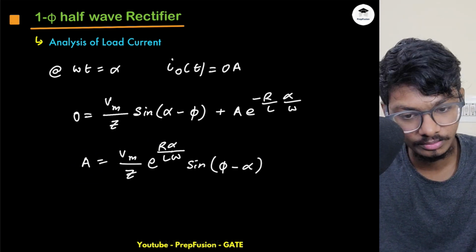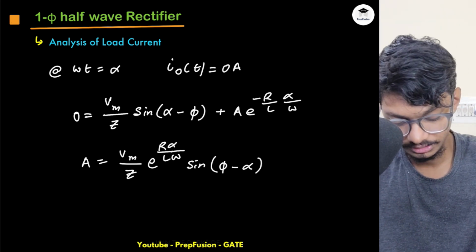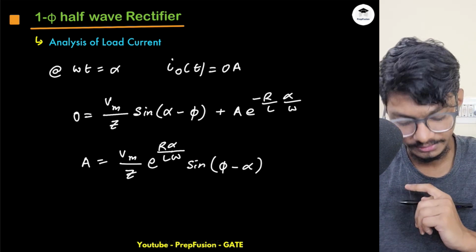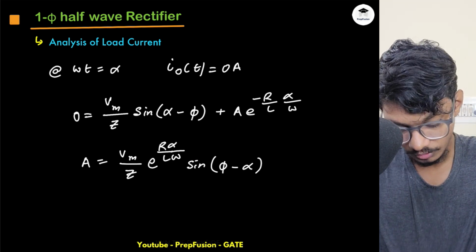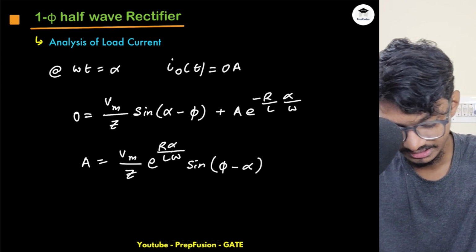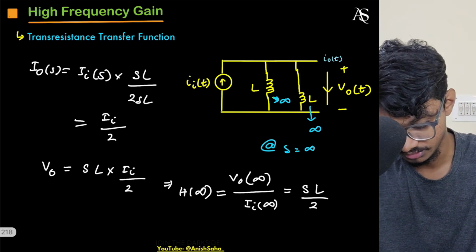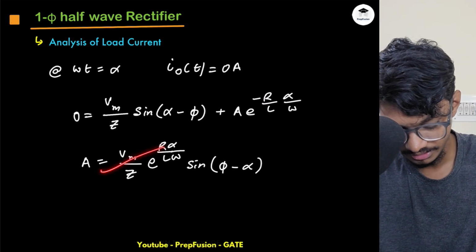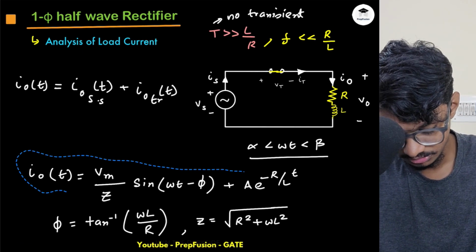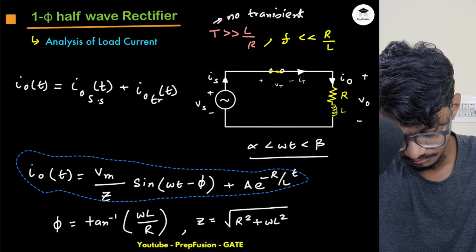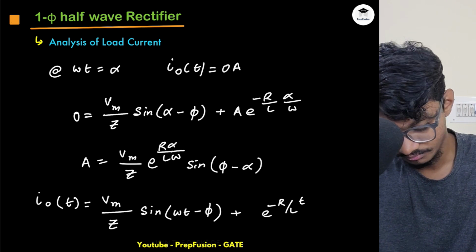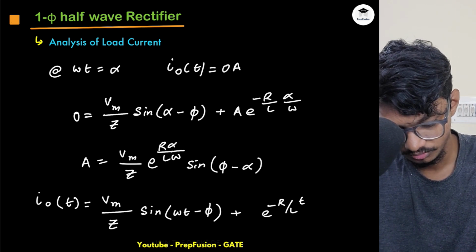Because I have subtracted it, this becomes negative here. You can also write this as negative, or you can flip the angles. So my Io expression will be just simply this.